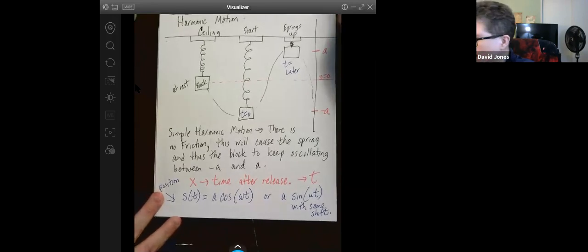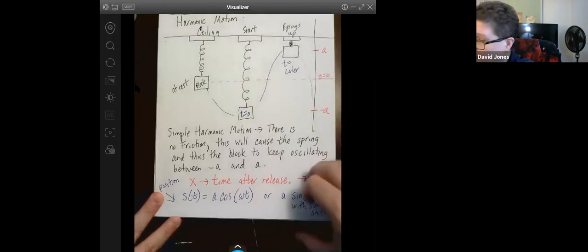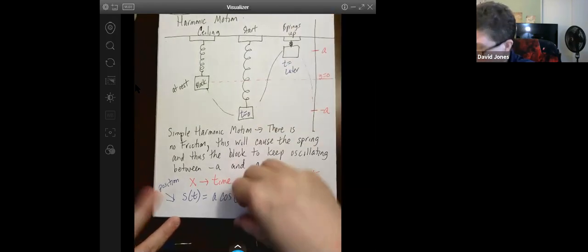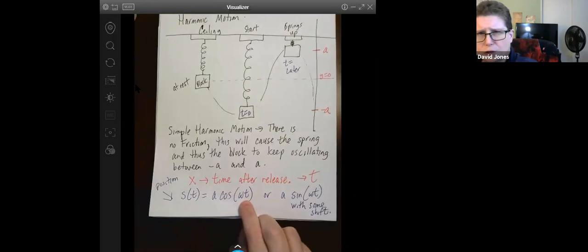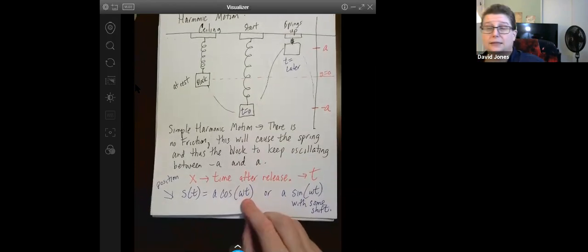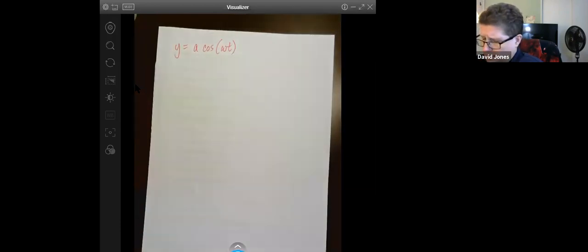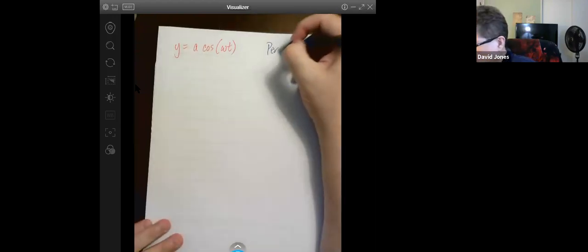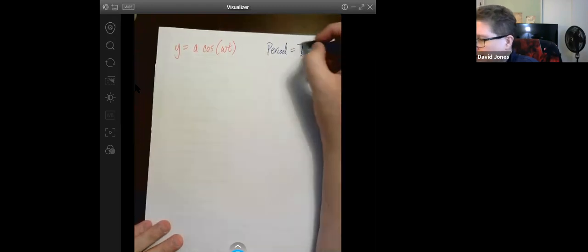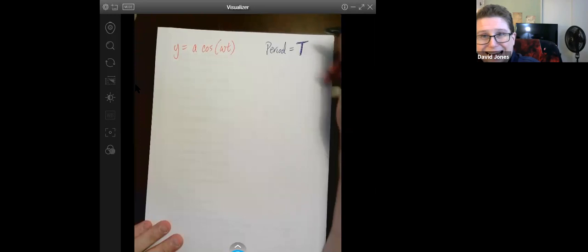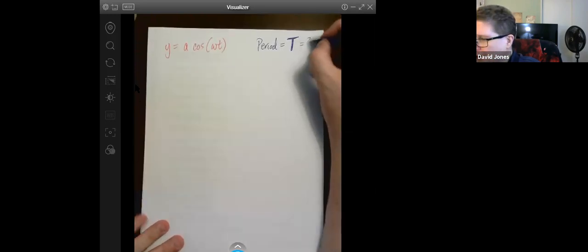You're not used to seeing omega, so how does this relate to other stuff we know? If you saw this in high school, your teacher might have used omega. And it comes from this physics idea. So y equals A cosine omega T. Our period, usually written as capital T, equals 2 pi over omega.